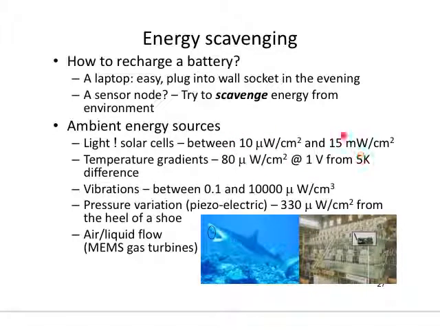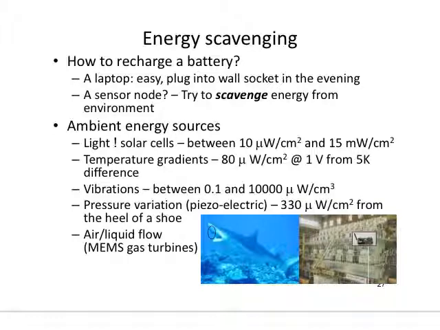So the range is actually very large, and that depends on so many things. It depends on the amount of light, whether there's sun or no sun, whether there is dirt on the solar cell itself. If there is some dirt on the solar cell, sometimes it affects the efficiency. So this range is very large.